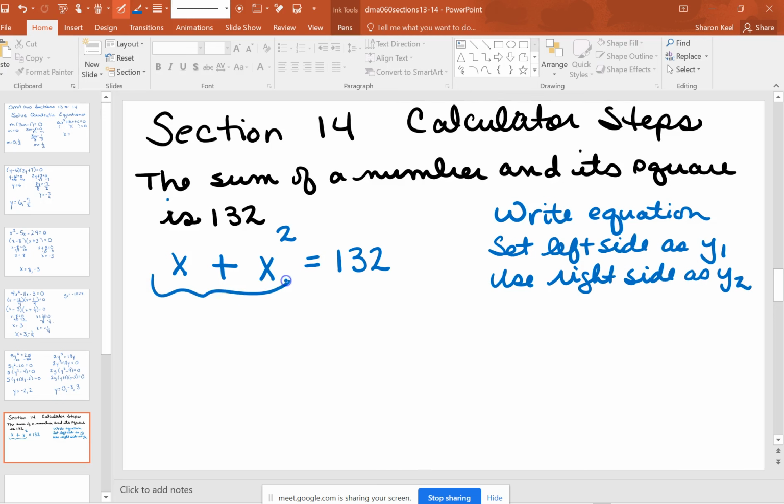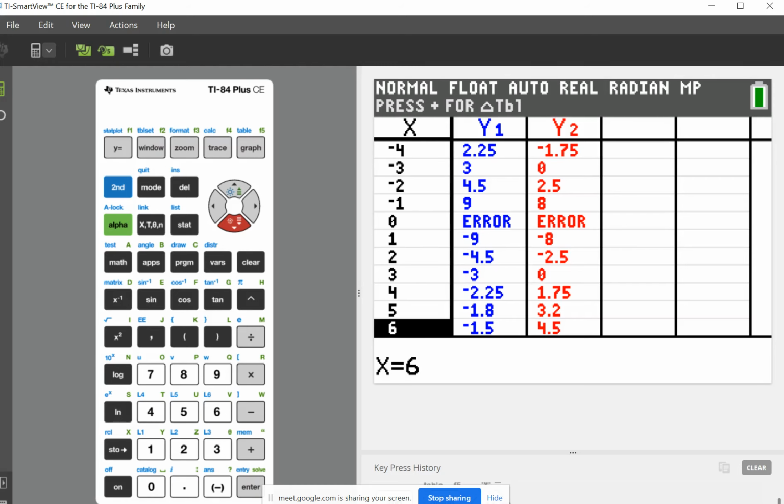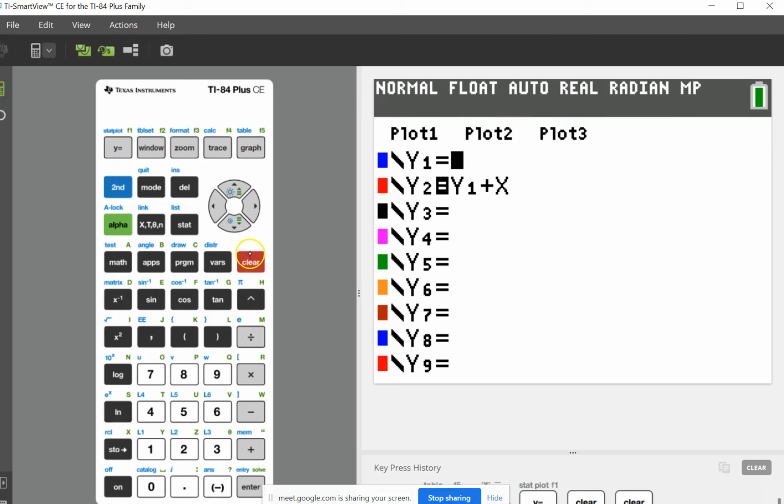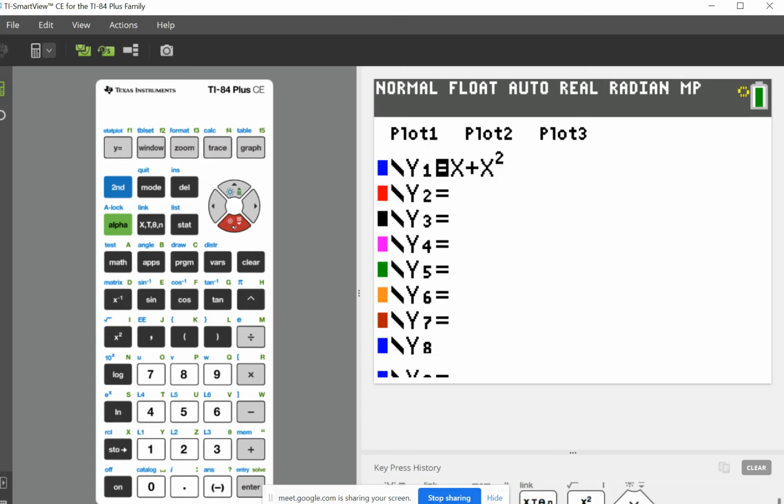So that means on your calculator, we're going to type these in on y1 and y2. On y1, I'm going to type my x plus x squared. On the second row, I'm going to type in the number 132. Do you see the left side of the equation I put on the first row, the second part of the equation I put on the right side.